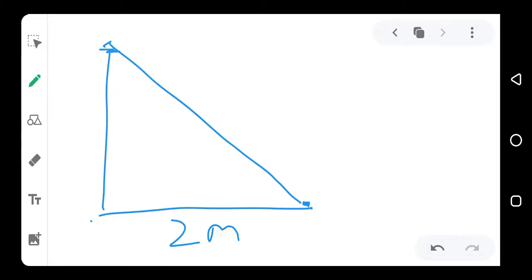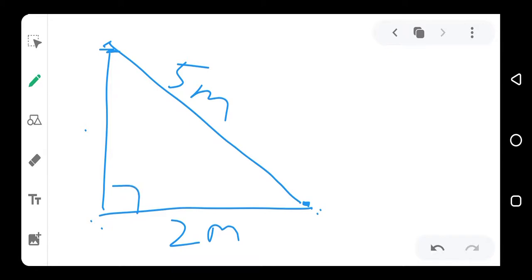Now, the length of the rope is 5 meters. They now want us to find the height of the house. So without using any meter, rule, or any tape, we can get the height of the house since we know the distance between the house and the rope, and we know the length of the rope, because the house and the floor makes a perpendicular shape, angle 90 degrees.